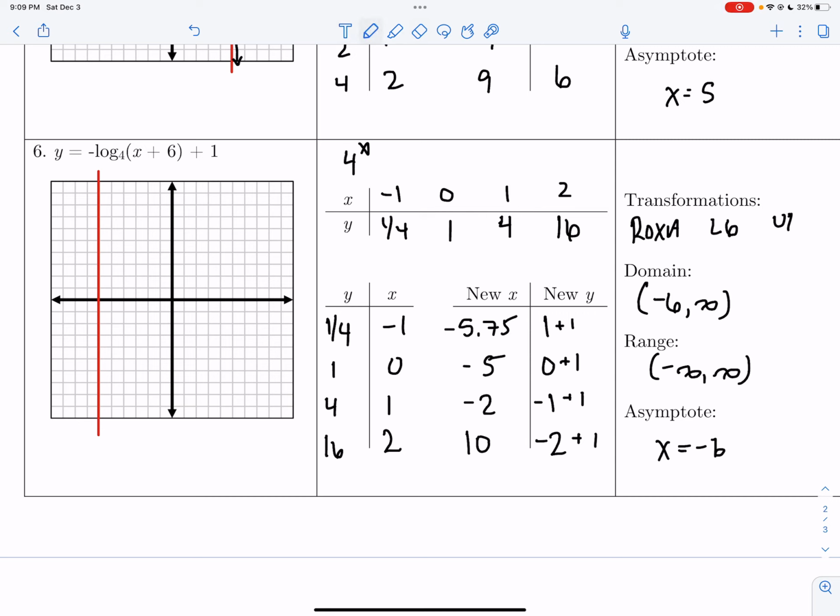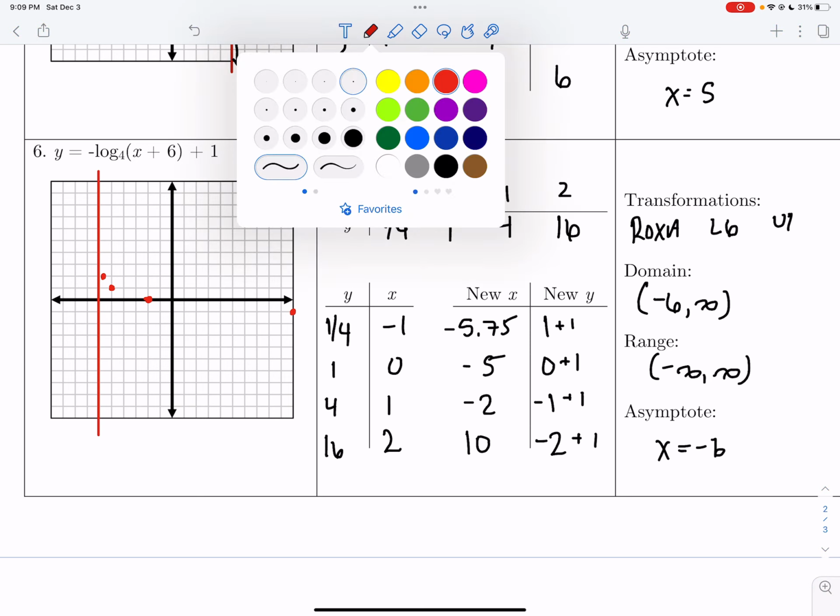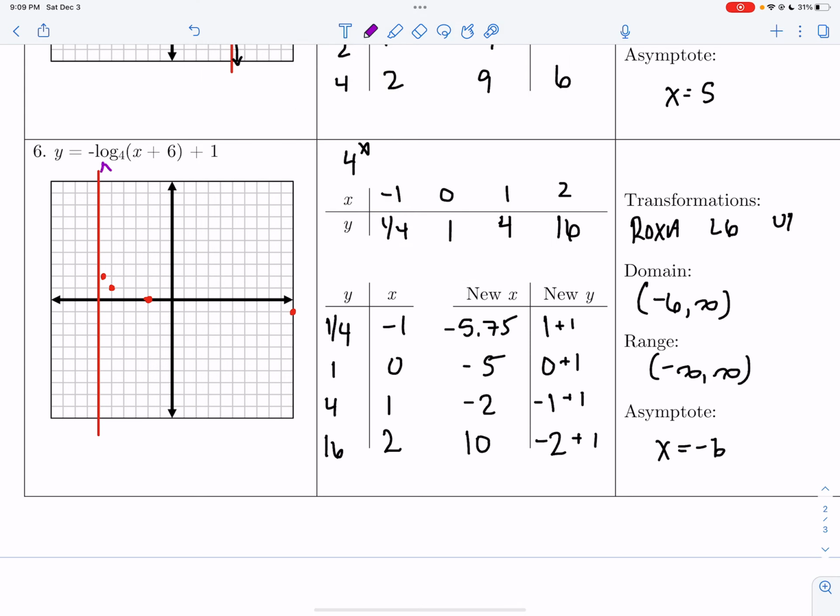I have (-5.75, 2), (-5, 1), (-2, 0), and then (10, -1). Now, since it is a reflection across the x-axis, it does make sense that your graph looks something like this right here.